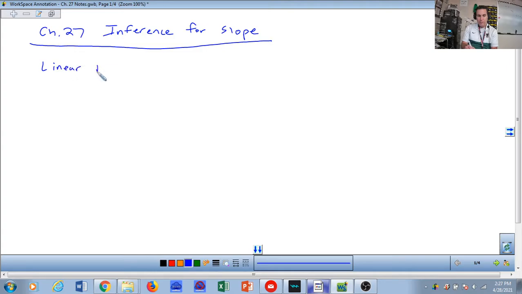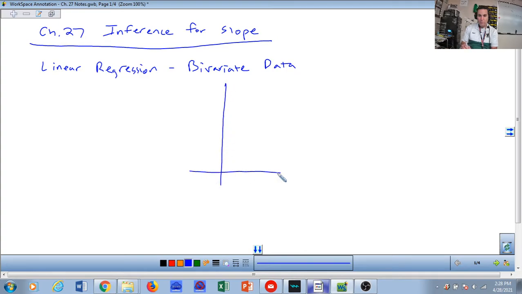Hey, remember for the linear regression unit, you have bivariate data. Remember that's what it's called. It's when you have an x and a y, right? And we would normally graph our points, right? Your x variable here, all the stuff you already know, your y variable here, and we would graph our points, right?